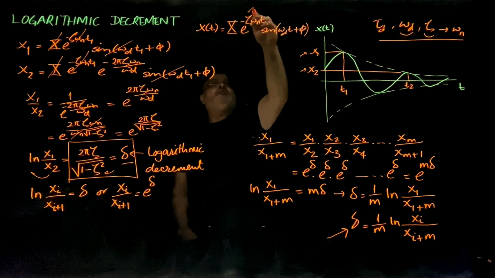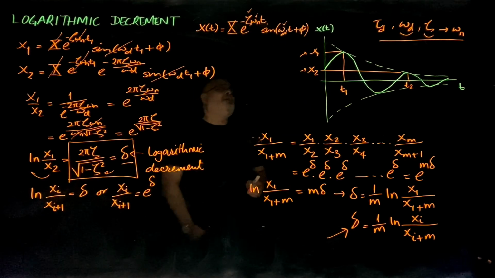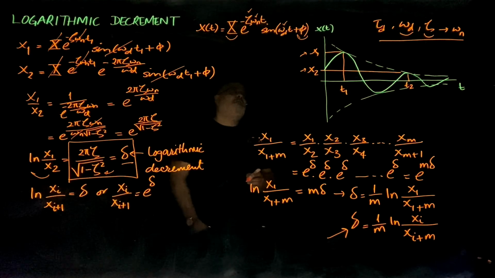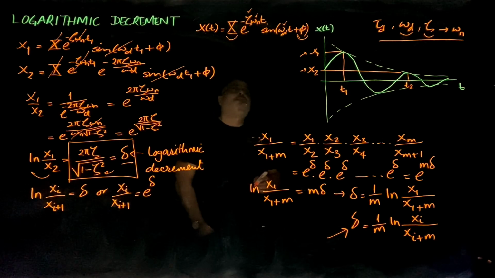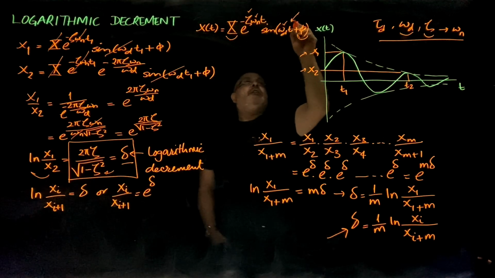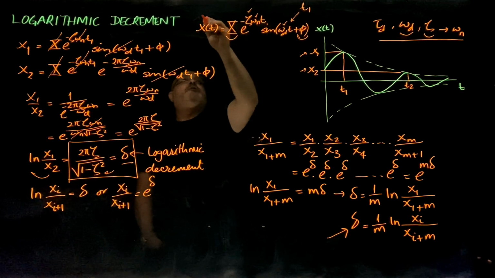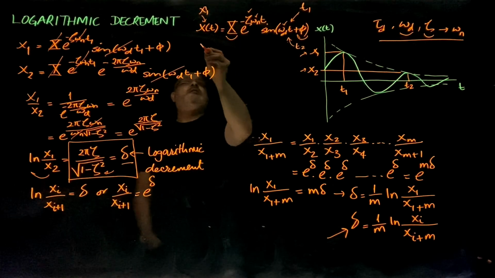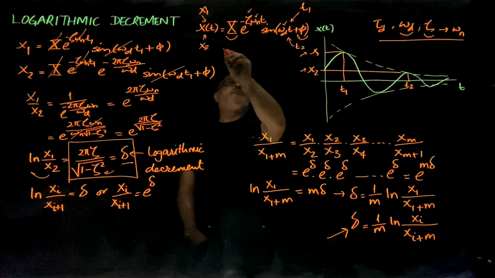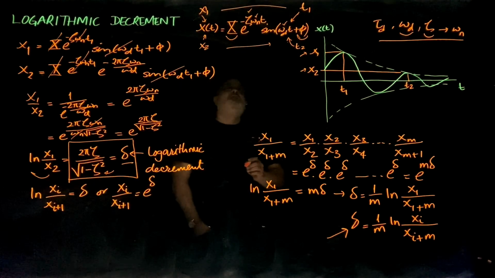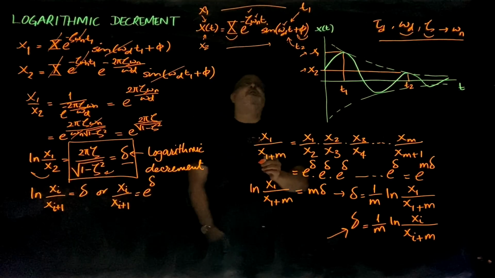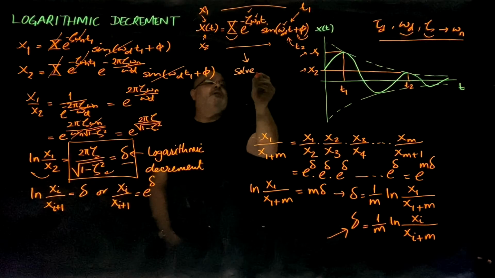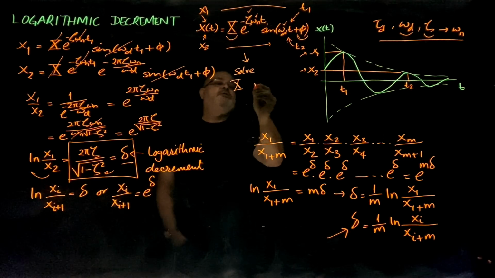Zeta is known now, omega n, omega d, that's all I need, and the X and phi can be determined by the initial conditions. Or I can substitute T1 here and find x1, and then substitute T2 and find x2, and from the two relations, x1 equals this function at T1 and x2 the same function at T2, I can solve for the amplitude X and the phase angle.